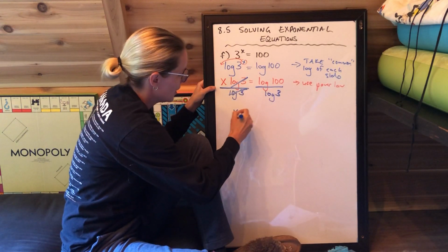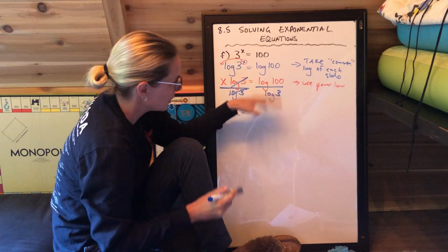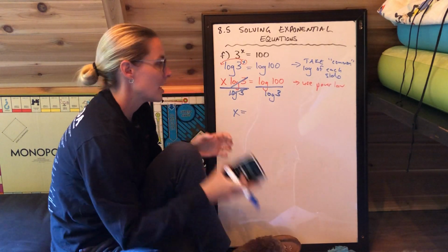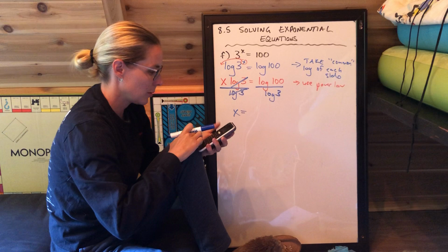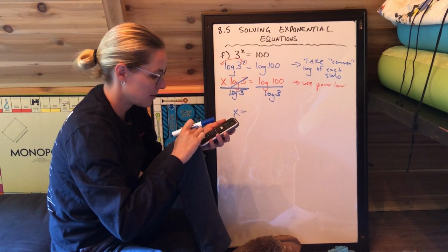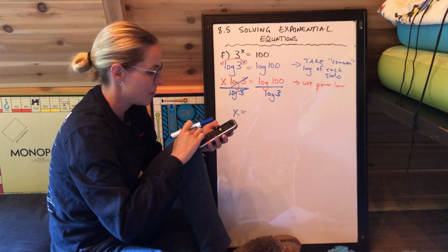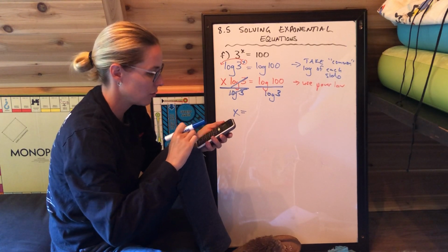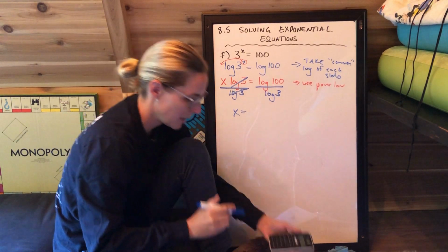That gets eliminated, and now I would highly suggest you leave the logs till the end and do it all in one step. So I'm going to do log 100 divided by, I like to use brackets, log 3. Make sure, try this with me with your calculator, make sure you get the same answer.